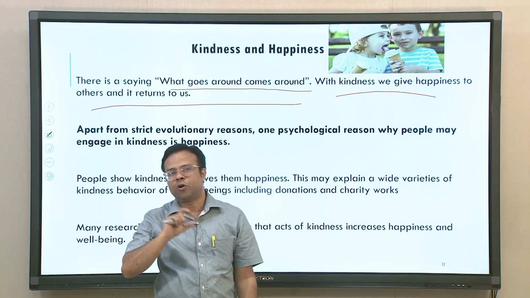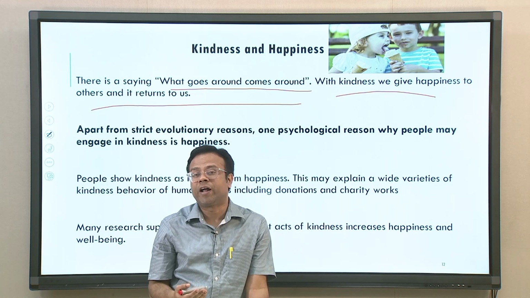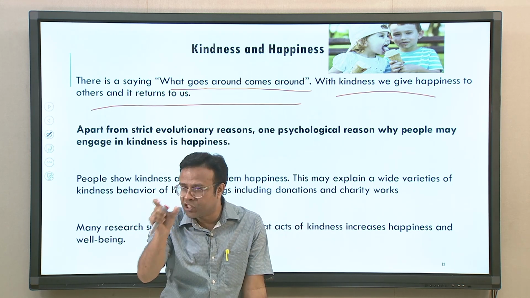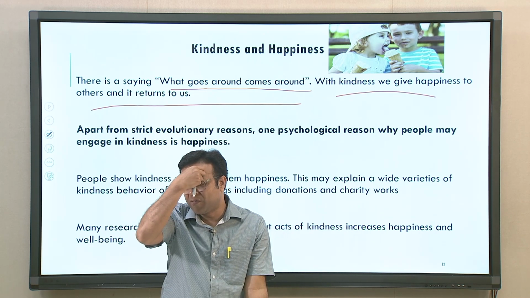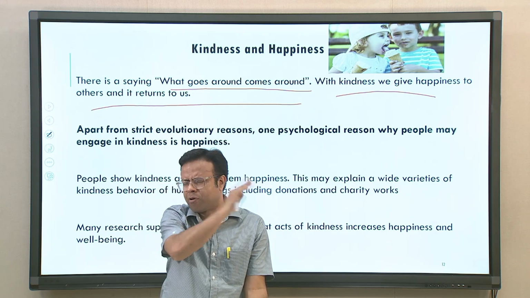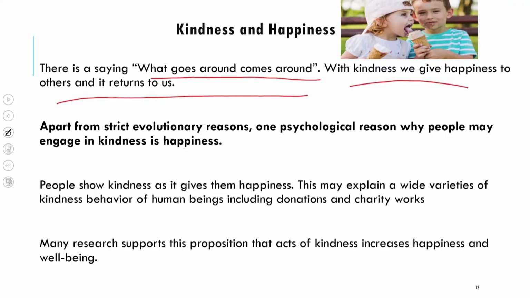That is why a lot of people, even without any apparent benefit or anything in return, engage in kind actions or actions of charity and helping. One of the main psychological reasons, apart from all the strict evolutionary reasons, is that people get a lot of happiness out of it, and that itself is the reward.